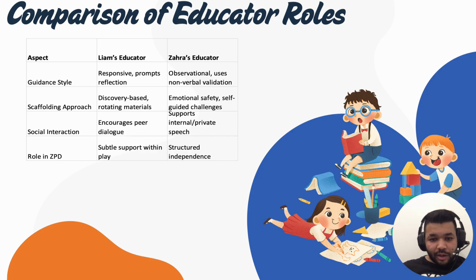Social interaction encourages peer dialogue, internal and private speech. Role in ZPD: subtle support, play structure, independence. Both cases demonstrate how tailored educator support within each child's ZPD can facilitate deeper cognitive growth and meaningful learning experiences.